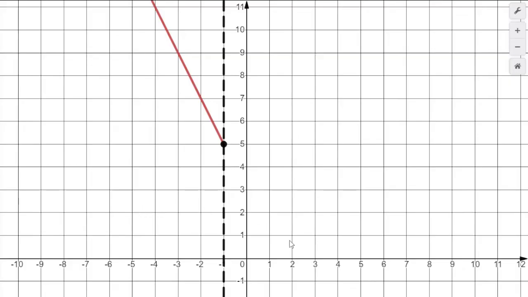Y equals 2 is about here on the y-axis. So that means I am going to put the first point right on the y-axis, because I know that my line is going to be a horizontal line going through there. It makes sense to draw it that way.